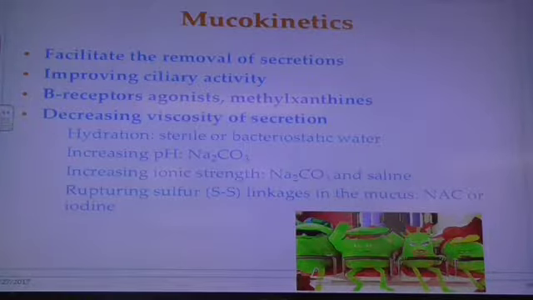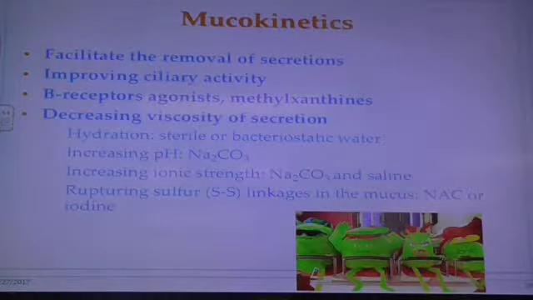First is hydration. That can be only sterile water or pure water, or a solution that increases the pH. From the inflammation there is a lot of acid, because of the degranulation of inflammatory cells, so it is more acidic, with a lower pH.